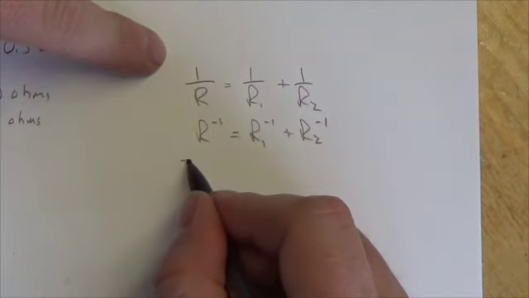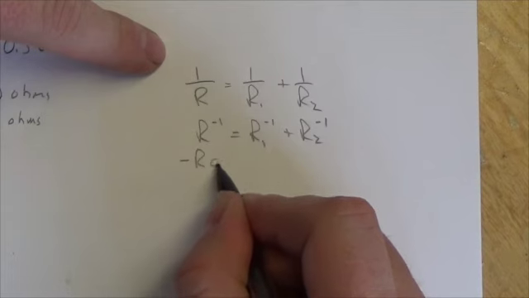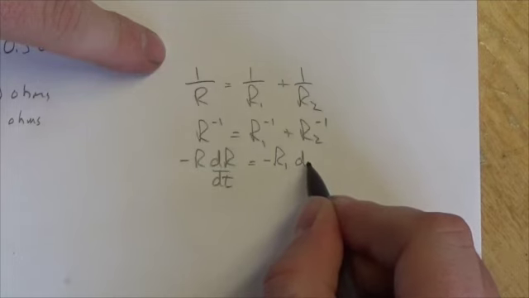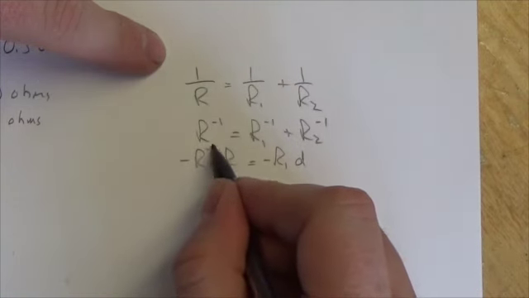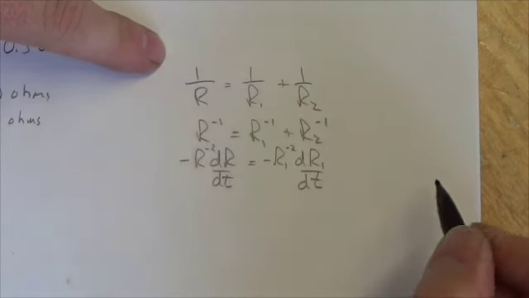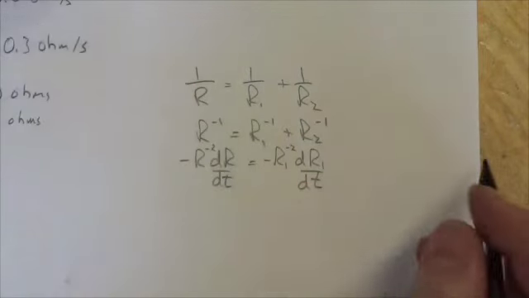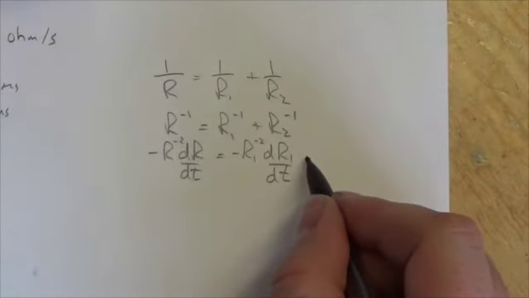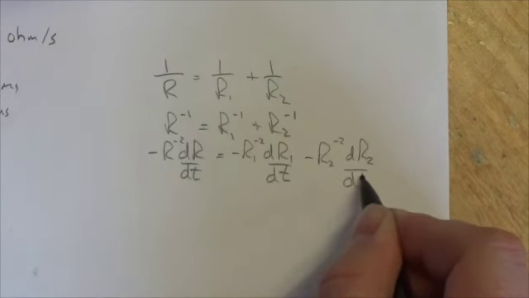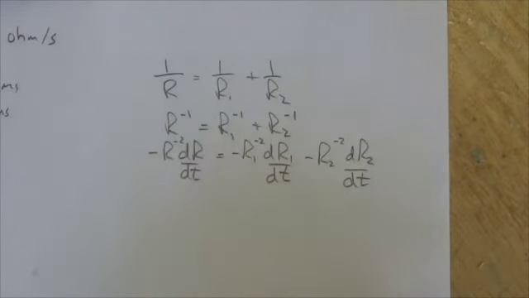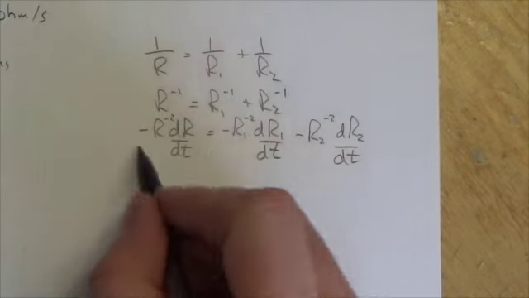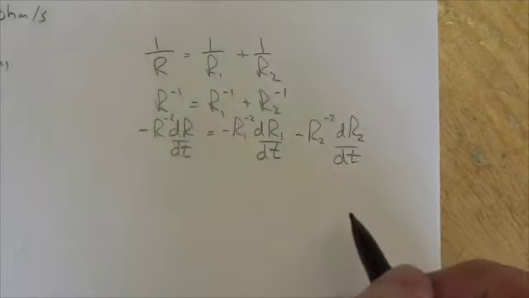Now this becomes negative R to the negative 2, dR by dt, equals negative R1 to the negative 2, dR1 by dt. Sorry, I forgot about that, you've got to bring down the exponent and subtract 1. Minus R2 to the negative 2, dR2 by dt. We have to take the derivative implicitly because all of these things are changing with respect to time. Okay, so now we are looking for dR by dt.